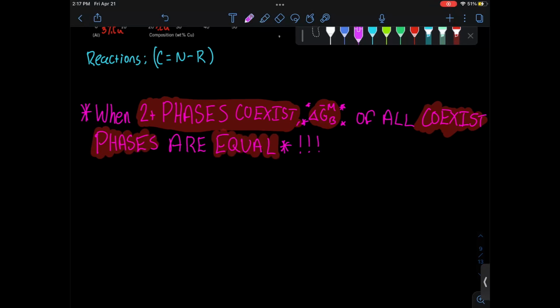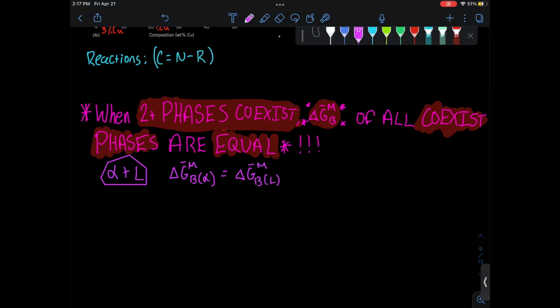This means if I were to have that solid and that liquid in a phase together, the partial molar Gibbs free energy for, let's say, component B for the solid is the same as the partial molar Gibbs free energy for B of the liquid.